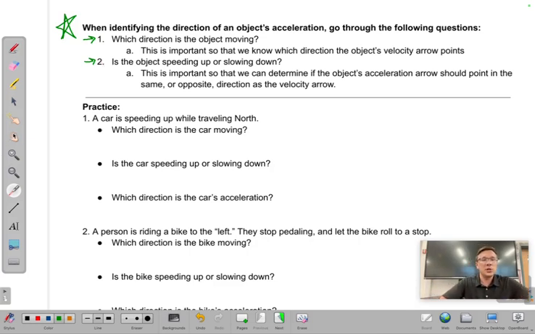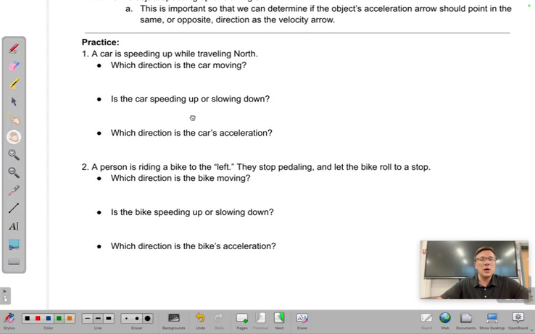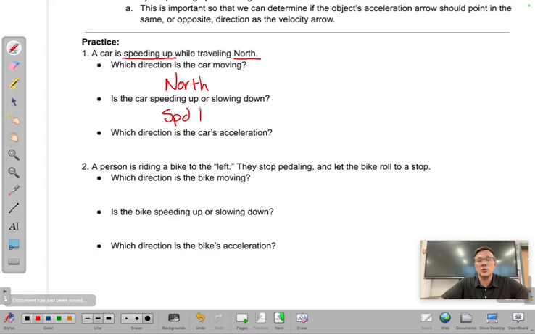Let's look at a couple examples here with written descriptions. The first one says a car is speeding up while traveling north. The first question is, which direction is the car moving? It's north, obviously. And is the car speeding up or slowing down? It told us that it is speeding up. I'm just going to write speed up.